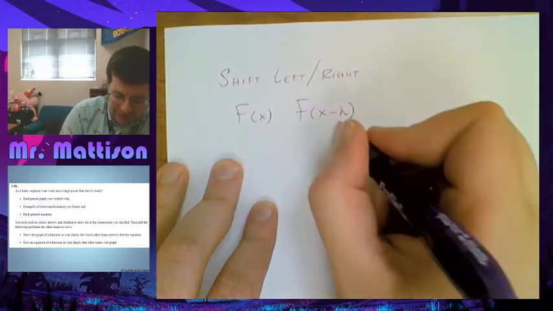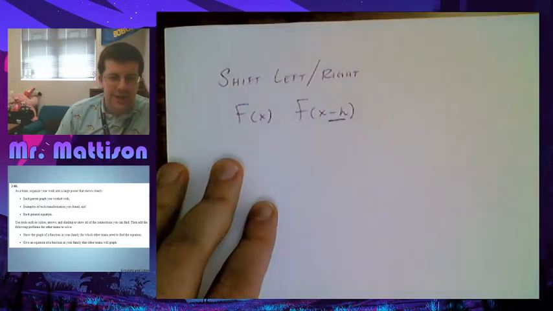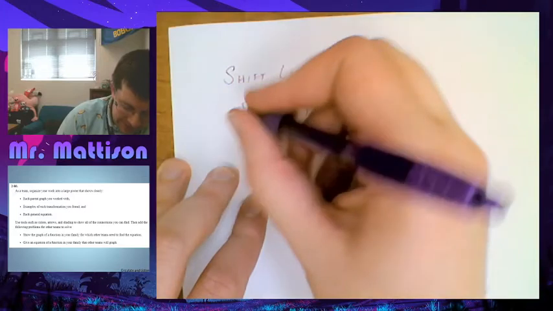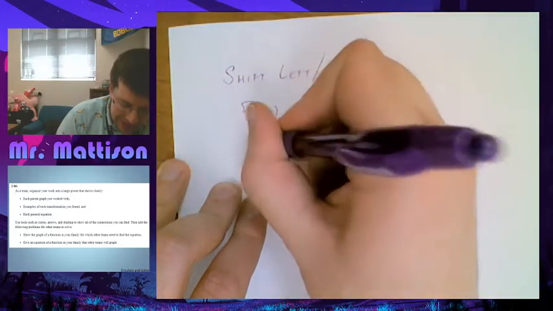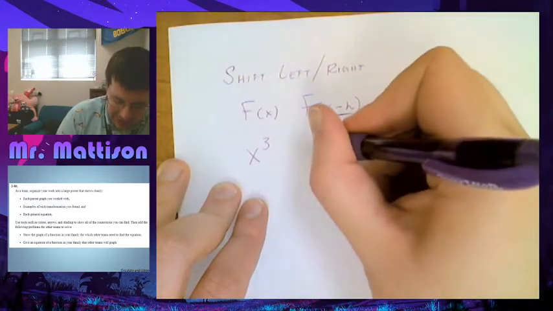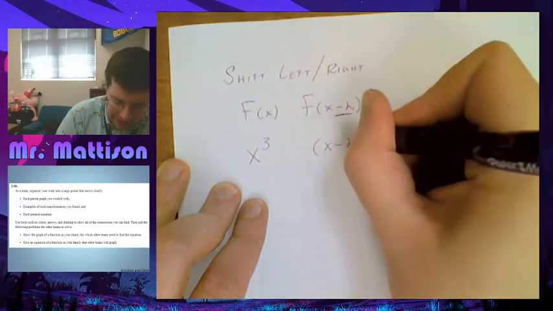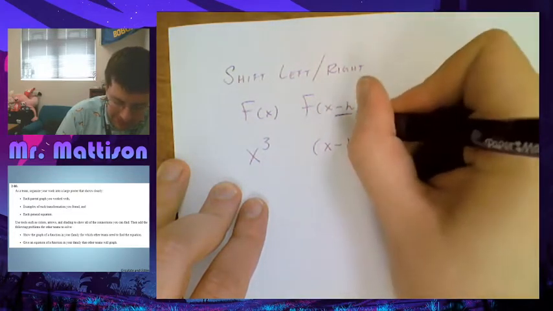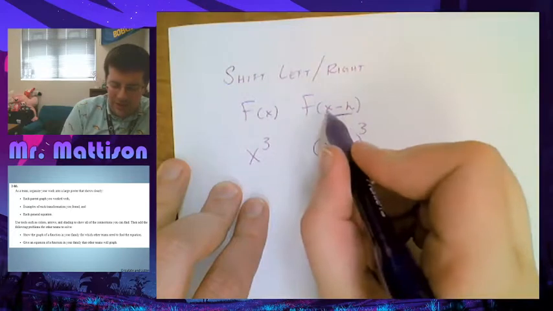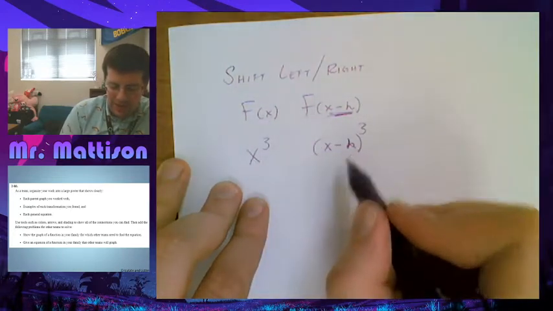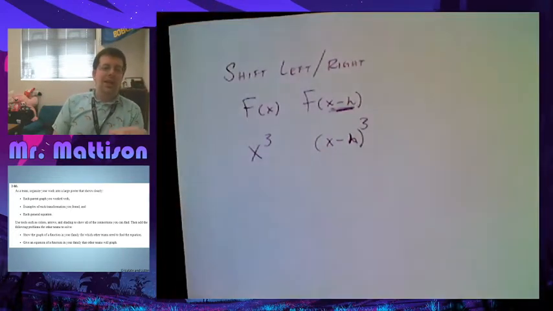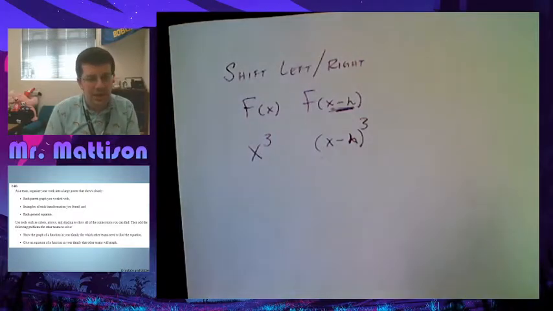I'm adding or subtracting on the inside. What that looks like is if I had x to the third, that would be x minus h in parentheses to the third. Whatever the x was, I just subtract an h where it is, and that causes my left-right shifts.